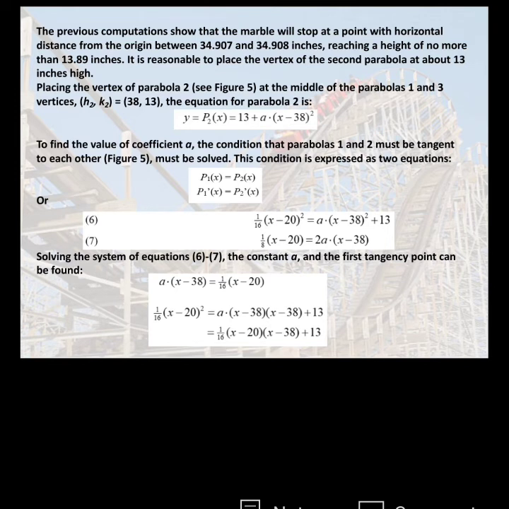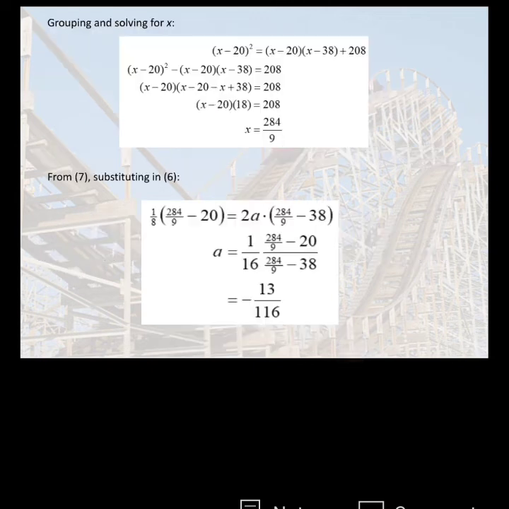Solving the system of equations 6 and 7 for the constant a, the first tangency point can be found. a into x minus 38 equal to 1 by 16 into x minus 20, and 1 by 16 into x minus 20 whole square is equal to a into x minus 38 into x minus 38 plus 13. That gives 1 by 16 into x minus 20 equal to x minus 38 plus 13. Grouping and solving, x minus 20 whole square is equal to x minus 20 into x minus 38 plus 208.